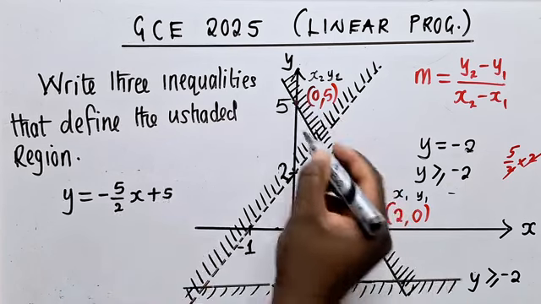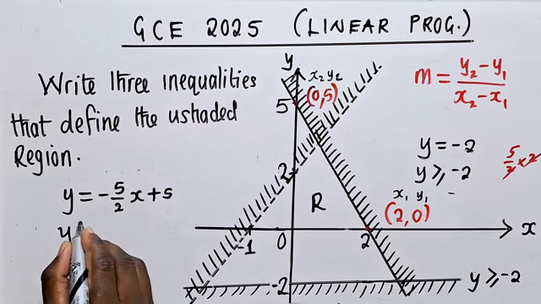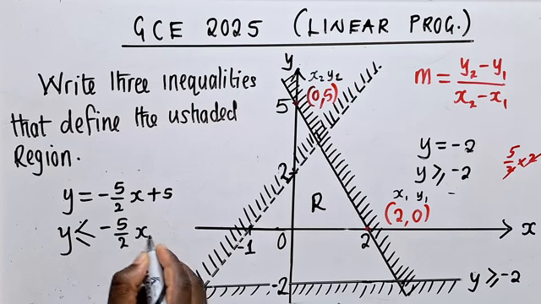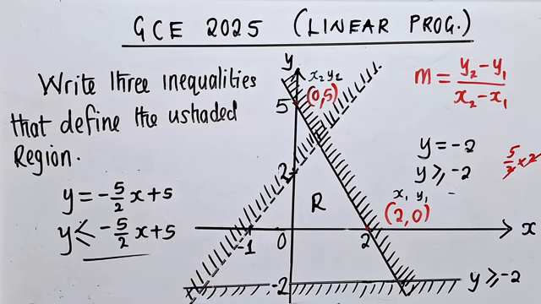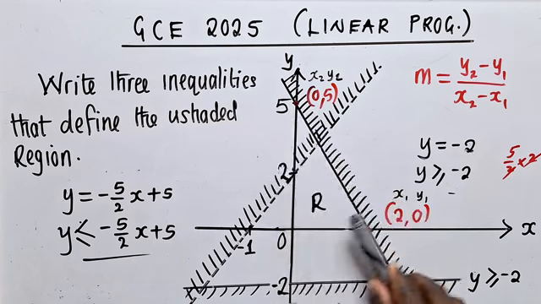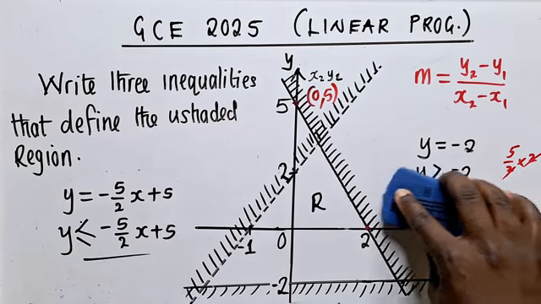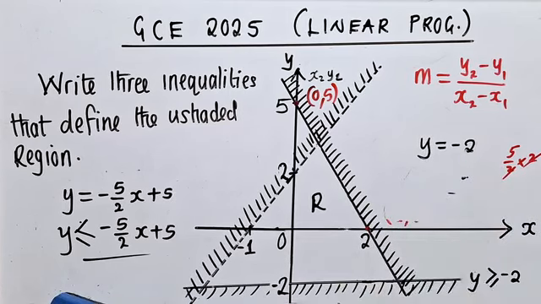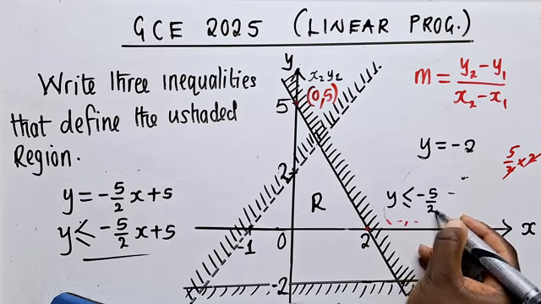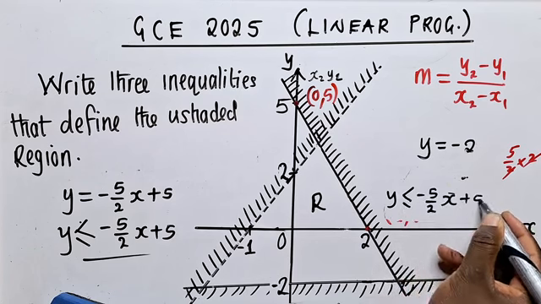To show the inequality, we say y is less or equal to -5 over 2x plus 5. You can see that where it's not shaded is the less part. This part down here is where it's not shaded, and that's less or equal to. So we can indicate right here that this is what we are looking for: y is less or equal to -5 over 2x plus 5.